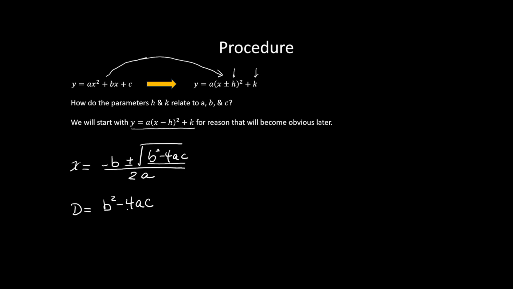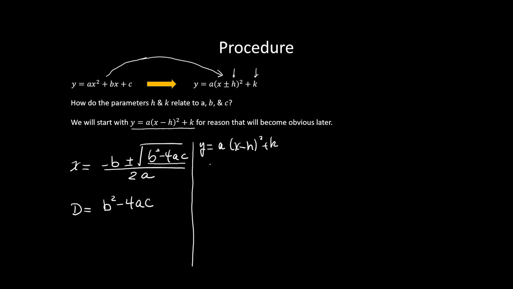All right. So let's go ahead and evaluate now what h and k are in terms of a, b, and c. So let's start with what we said we're going to start with. So here's y equals a times x minus h squared plus k.